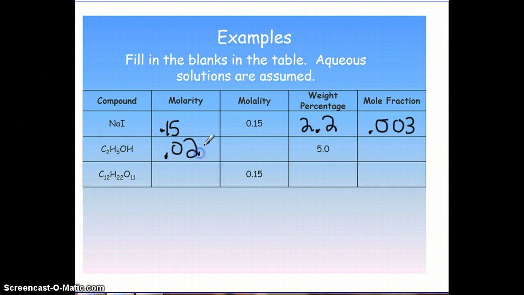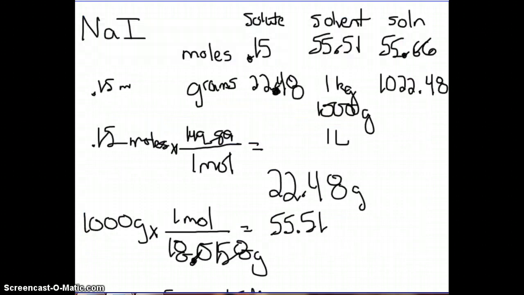And molality is going to be our moles, which is 0.025, over kilograms, and we have 1 kilogram, so it's going to be 0.025.